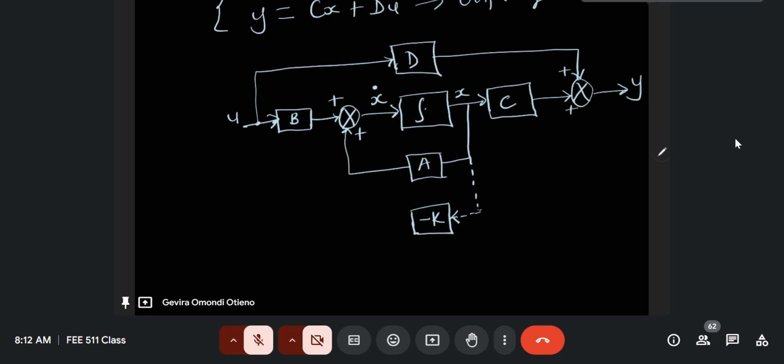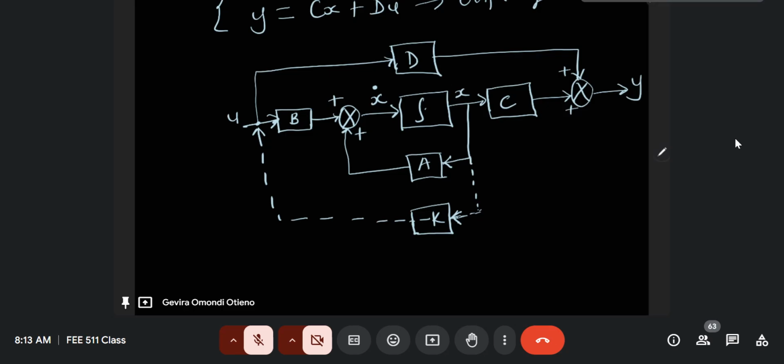We'll look at what that represents later, and we feed it back to the input. Please note, I'm very specific and deliberate on the arrows that I use and their direction. It's very important.